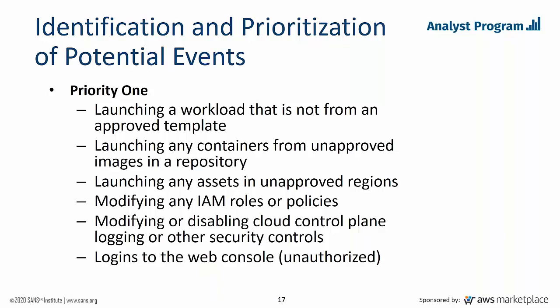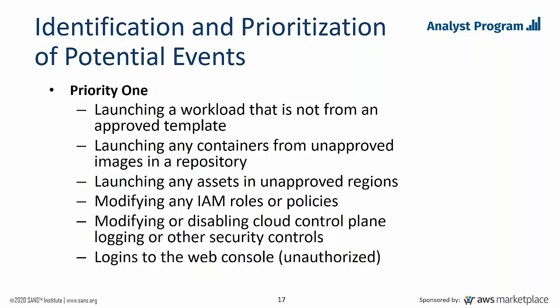Launching assets in unapproved regions should be a huge red flag. You should disable all those regions, of course, but if somebody doesn't disable a region for whatever reason and somebody launches something there, high priority. It's usually what we tend to find with people doing cryptocurrency mining and all sorts of shady behavior once they break into an account. Modification of IAM at all. Disabling things like the logging within the cloud control plane.